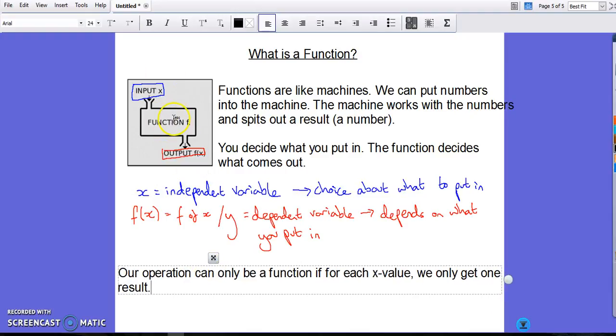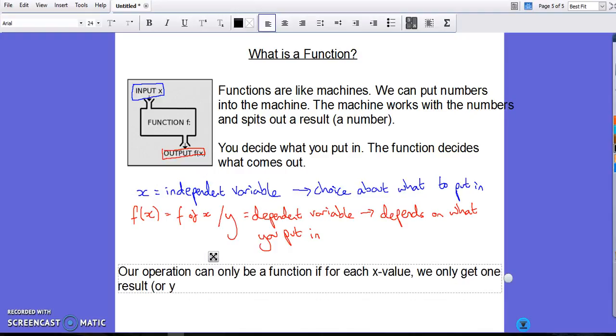If we had a machine here for which we put in one number and it gave us two numbers as results, then that wouldn't be a function. So a function needs to be a mapping that takes one thing and gives out one thing based on that. So only one result, or y.